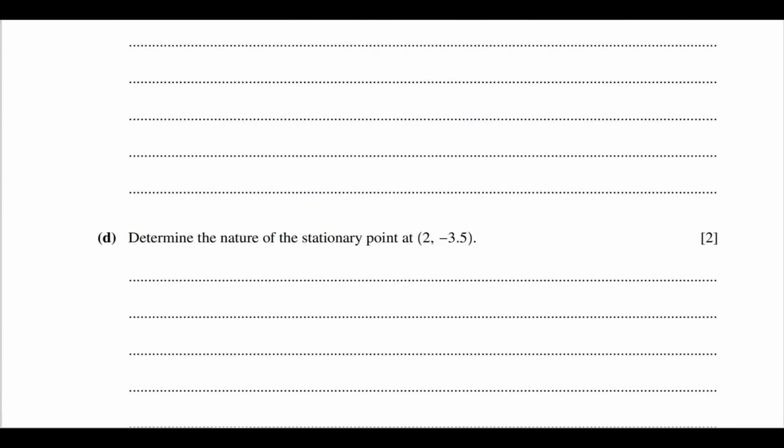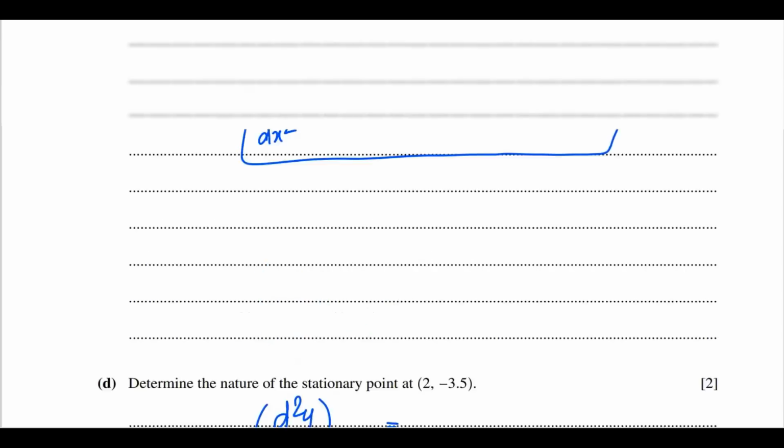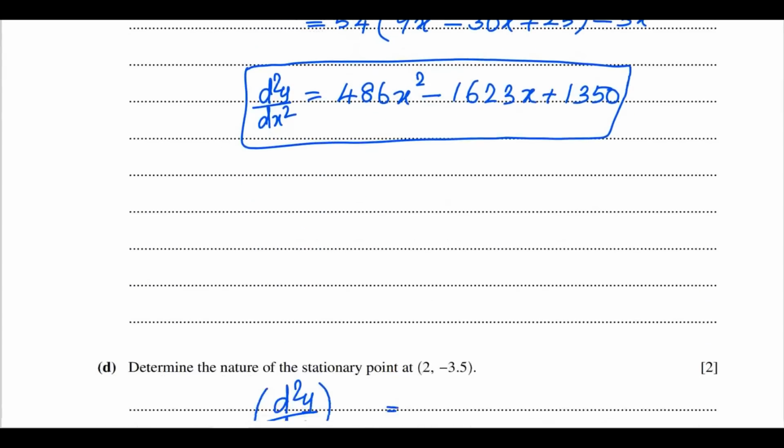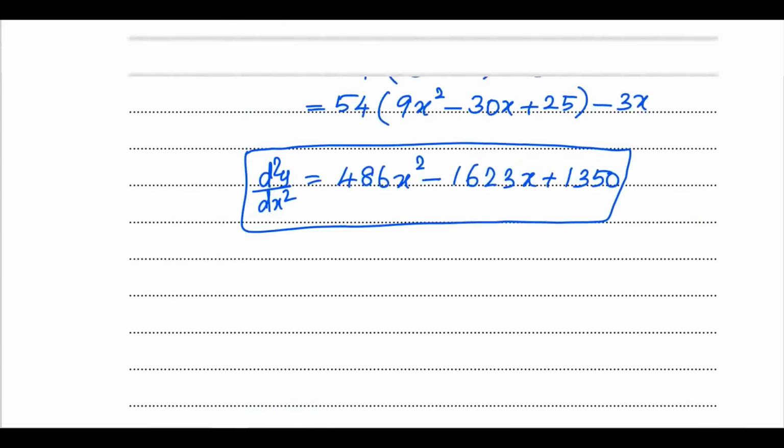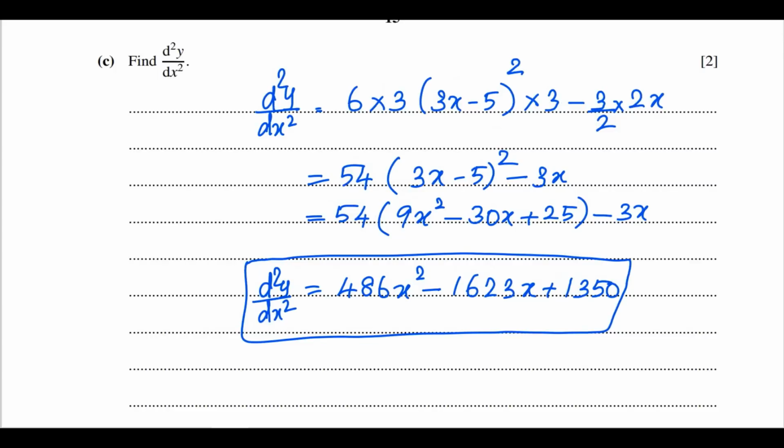Next part of the question is determine the nature of the stationary point at (2, −3.5). So we have to substitute this in d square y by dx square. So at x equal to 2, you substitute here.